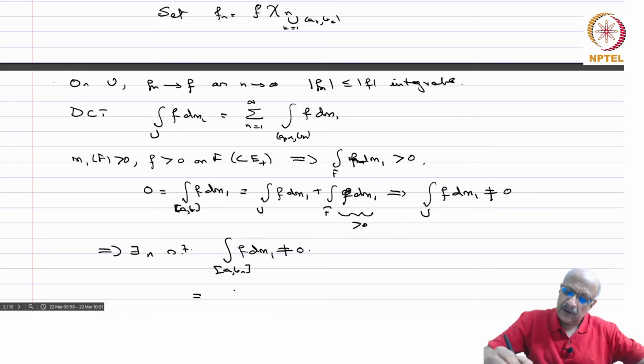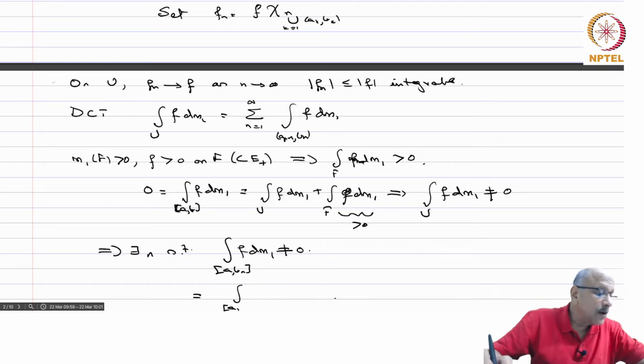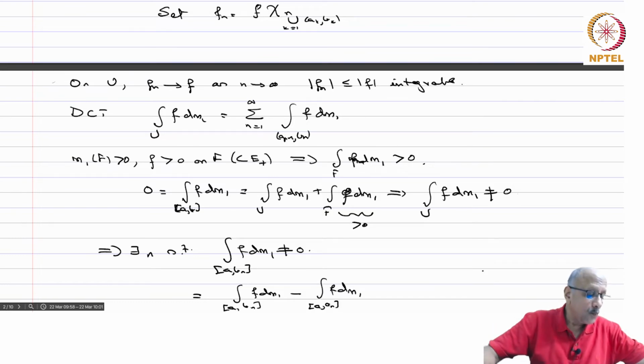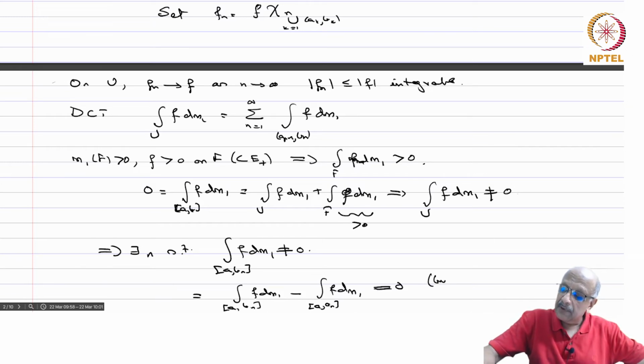But what is this equal to? This is equal to the integral from a to b_n of f dm1 minus the integral from a to a_n of f dm1, and that is given to be 0 by hypothesis.